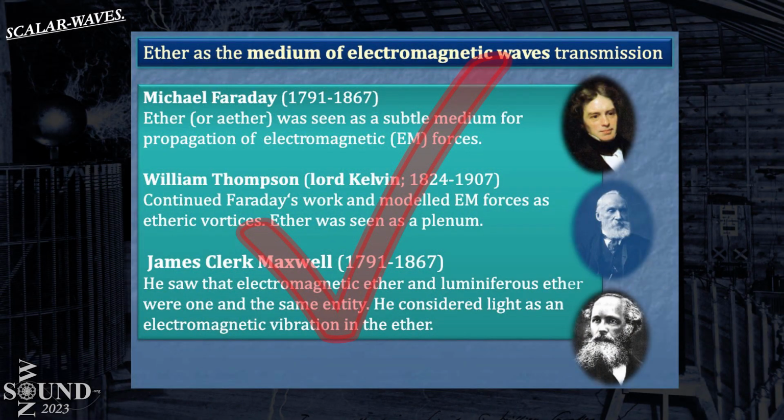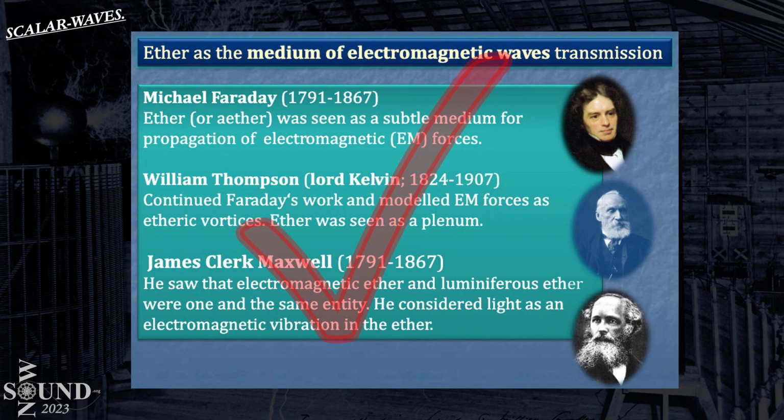Now, this is not a new thing, going way back to the 18th and 19th centuries. These great minds recognized the ether as a subtle medium for propagation of the EMF wave. Faraday, Thomson, going back to the late 1800s, Faraday's work modeled the electromagnetic forces as etheric forces.